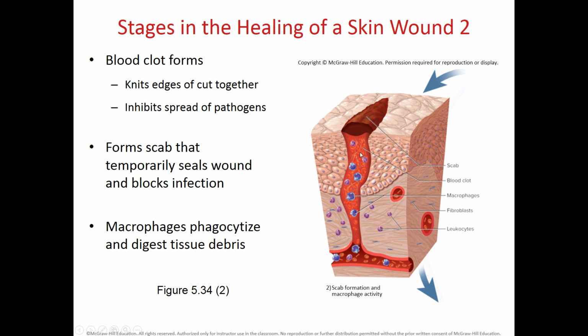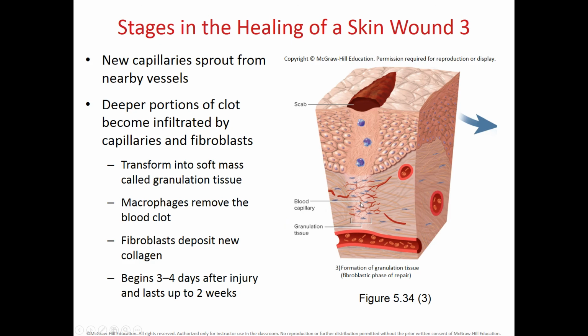And as this process is happening, the edges of the cut will knit together, preventing the entry of more microorganisms. Then this scab is temporarily forming a seal in the wound that also helps to prevent infection. And then fibroblasts come closer into this area to start forming a bridge of collagen fibers, as you can see here.